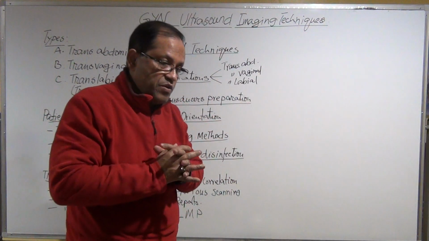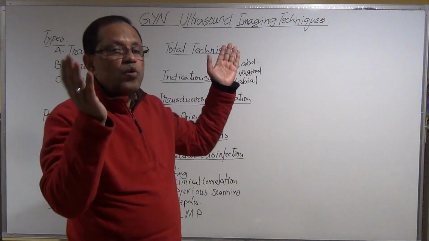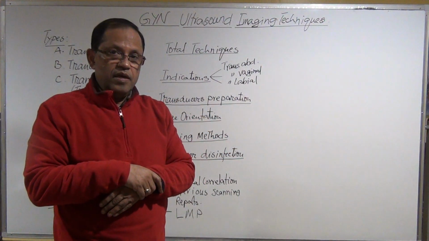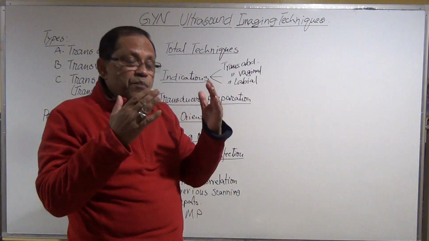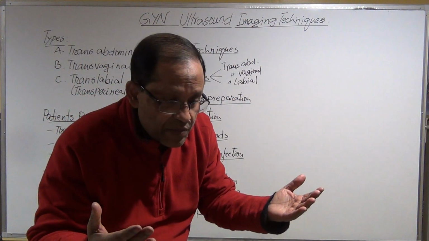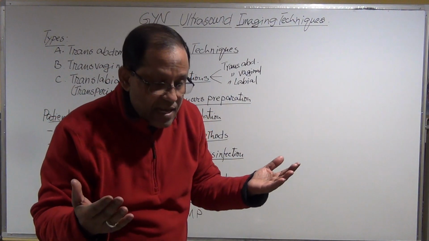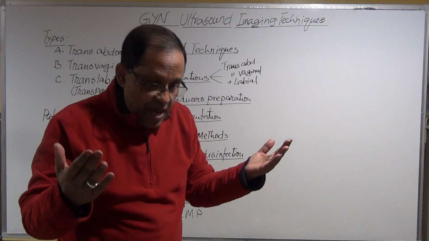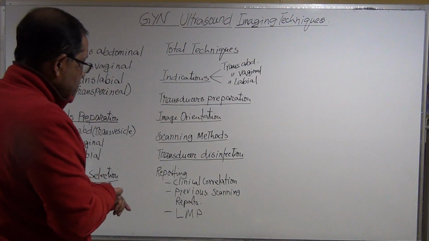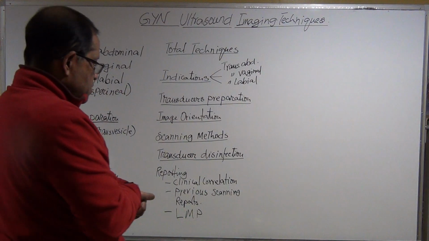What does universal mean? It means that all over the world they practice in the same way, and when people observe the images from other countries, they can read and understand that they are doing the same protocol as we are. That's why you need to know the universal scanning method.